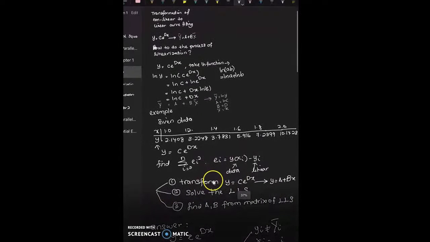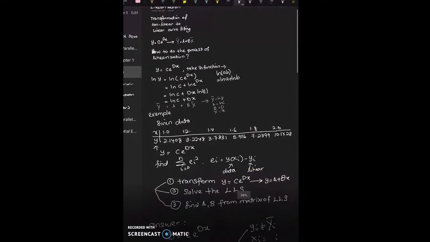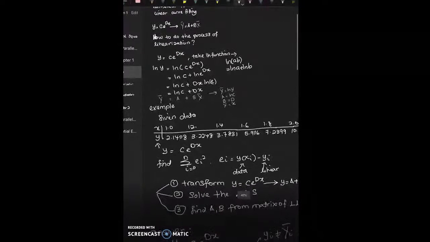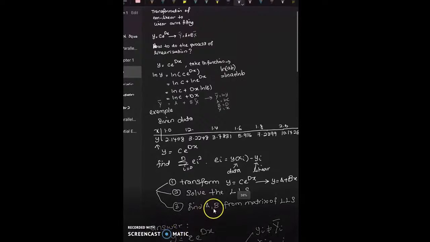The first is to transform the exponential function to the linear form y equals a plus bx, which means to find c and d, you need to find a and b first. Then from the previous linear least square method, you can find the values of a and b. After getting a and b, you know the values of c and d.